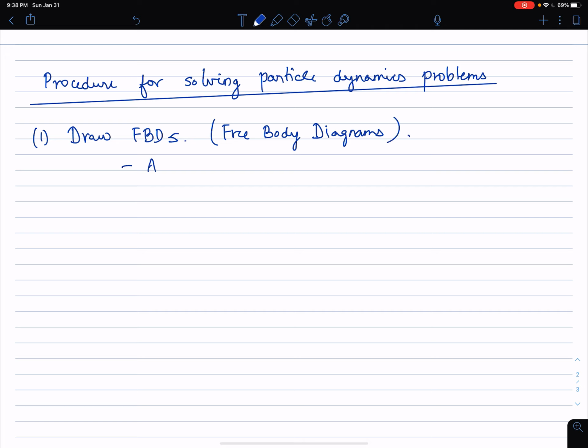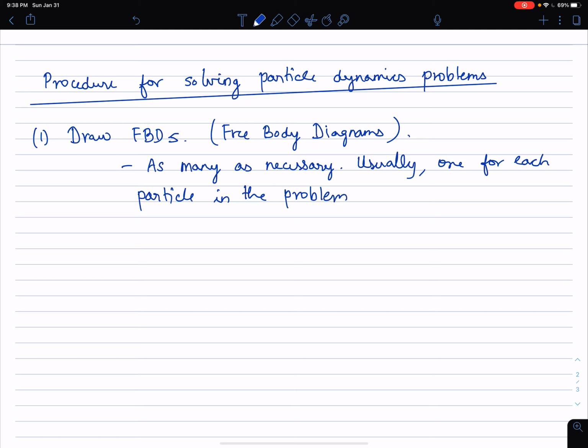And you draw them as many as you need, as many as necessary. Usually as many as objects in the system. So usually, let's say one for each particle in the problem. When we say particle, we mean mass, right? So mass or particle. That's the first step.